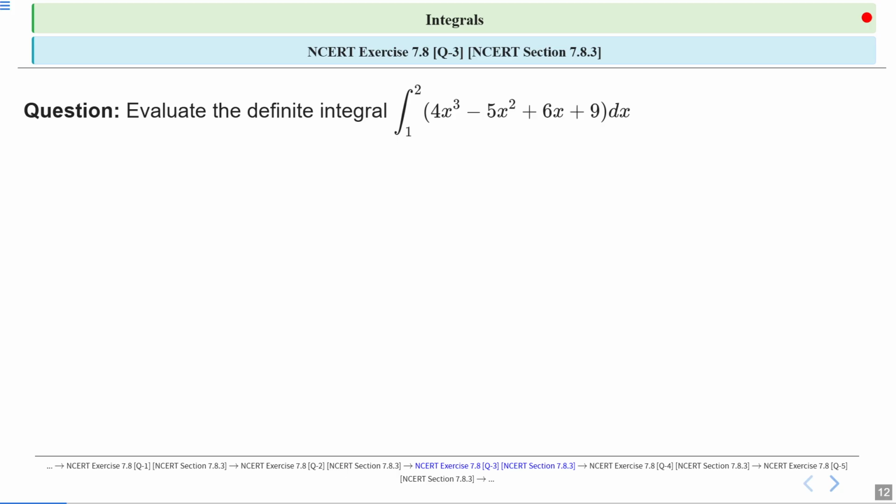Okay, so question number 3 is, evaluate the definite integral from 1 to 2 of 4x cube minus 5x square plus 6x plus 9 dx.